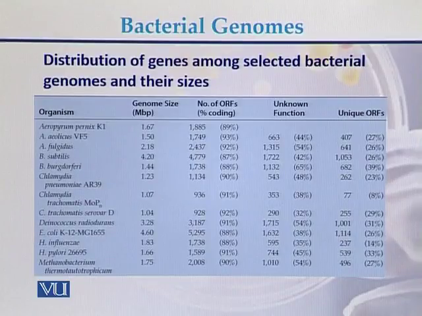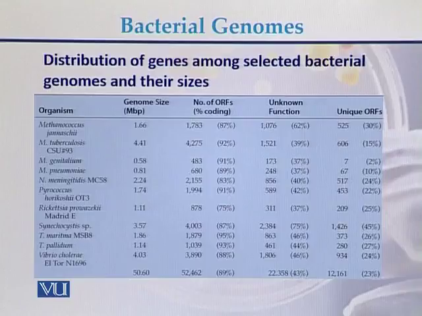Another example about the distribution of genes among selected bacterial genomes and their size. Here we can see that in the first example, the coding DNA sequence is 87%, and the maximum can be up to 95%, then 89%.